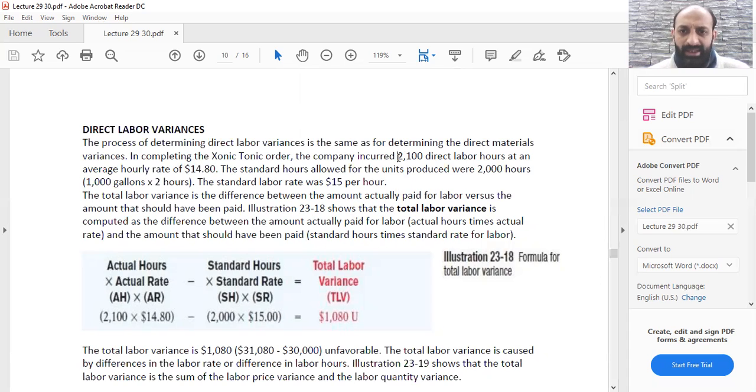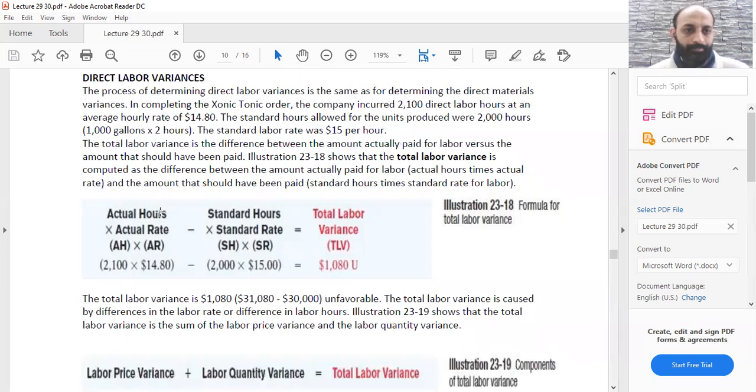Now it has given us the standard direct labor hour. इसने हमें ये बता दिया है कि what was the standard labor rate, which as we can see is $15 per hour. The total labor variance is the difference between the amount actually paid for the labor versus the amount that should have been paid.